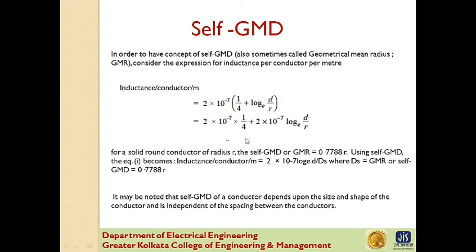Now this term is missing: 2 × 10^-7 ln(d/r) is replaced by ds, where ds is the self GMD whose value is 0.7788 r. It may be noted that the self GMD of a conductor depends upon the size and shape of the conductor and is independent of the spacing between conductors.